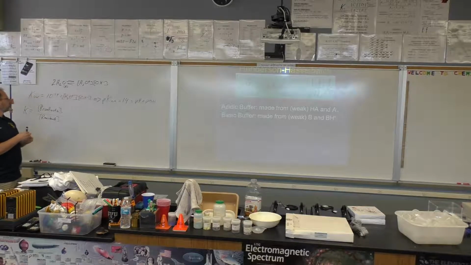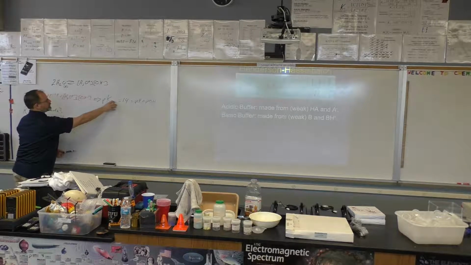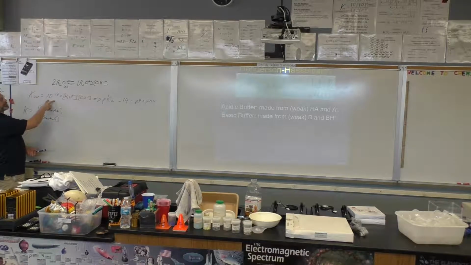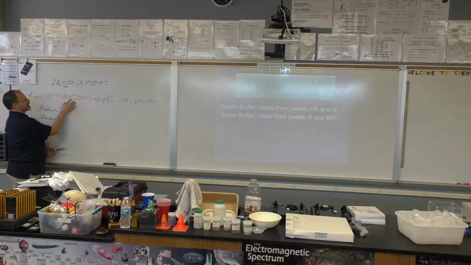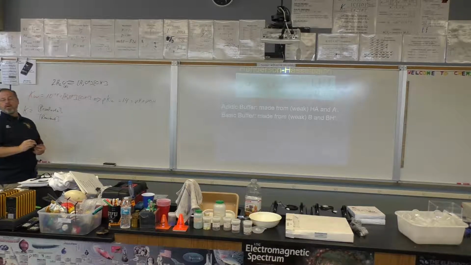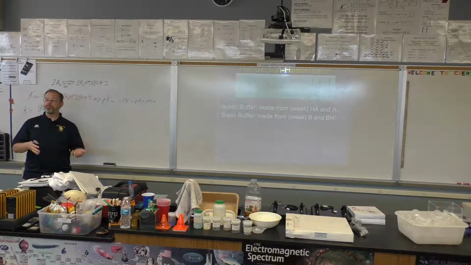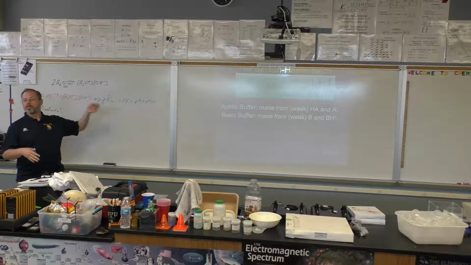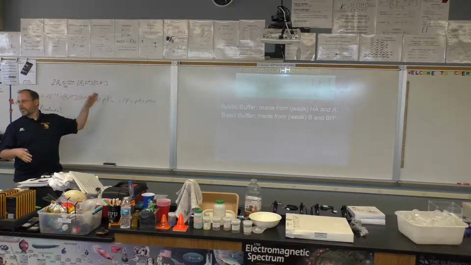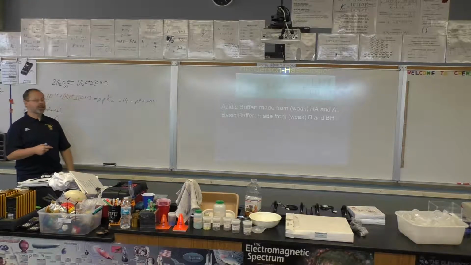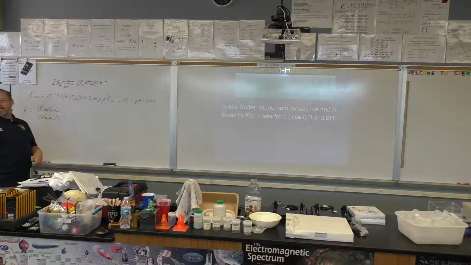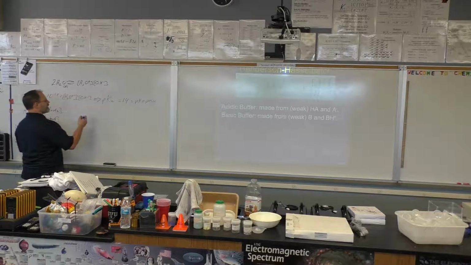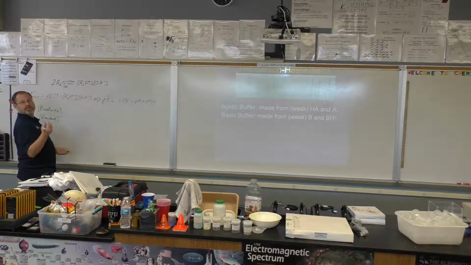Okay, so I took the negative logarithm of this, PKW, negative logarithm of this, 14, negative logarithm of this product. Remember, the product of a logarithm is the sum of those logarithms. So A times B logarithm becomes logarithm A plus logarithm B. And fun fact, the quotient of a logarithm is subtraction.